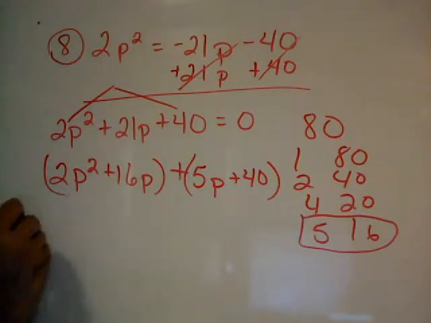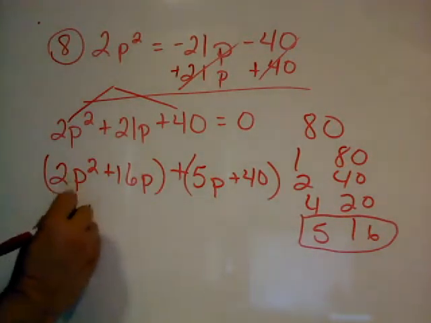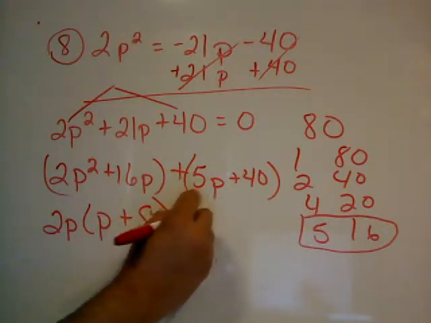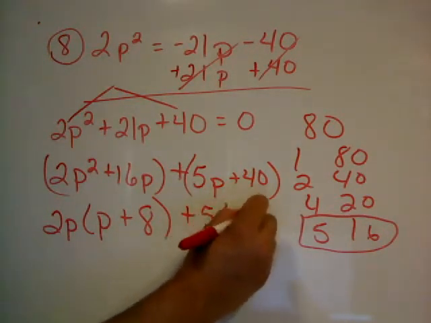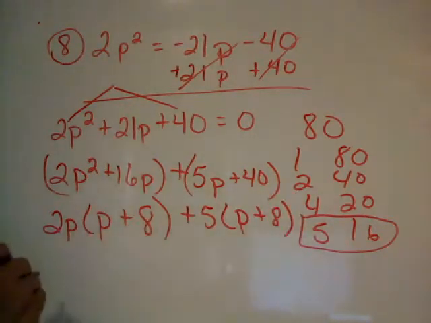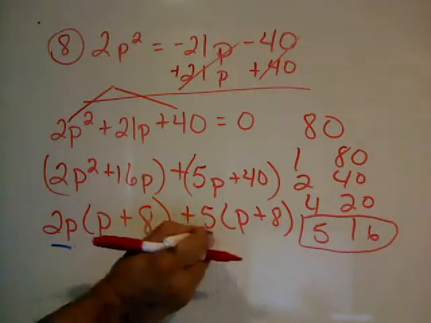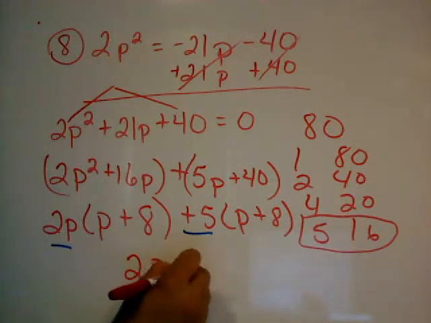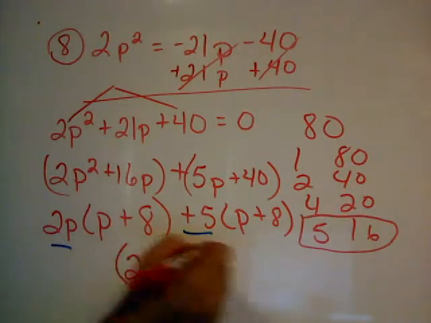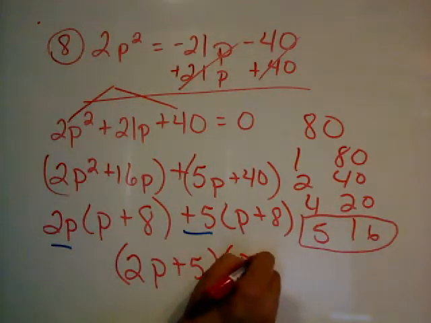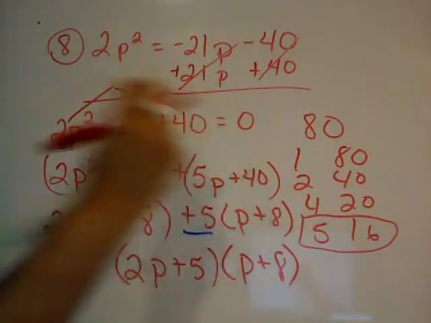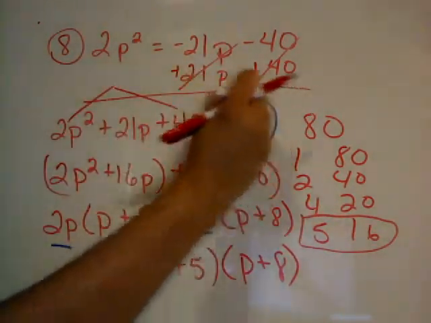Now all I have to do is factor. I'm going to factor out a 2p, leaving me with p plus 8. And over here I'm going to factor out a 5, leaving me with p plus 8. Then I'm just going to put them together. So I'm going to put together my 2p plus 5 times p plus 8. Now remember, we talked about up here that this is all set equal to 0.